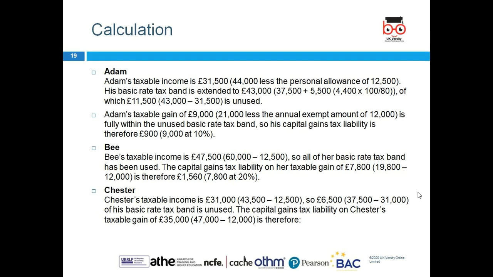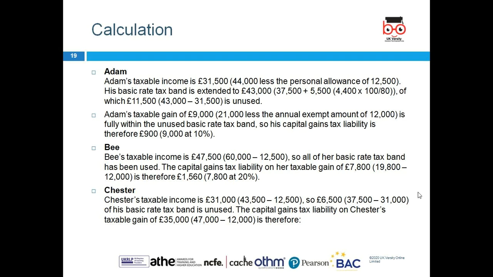So up to 43,000 he will be charged 20% now. So of which 11,500 is unused. 43,000 minus 31,500, the difference there.